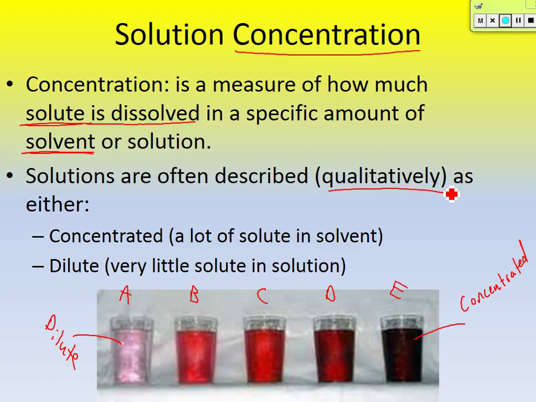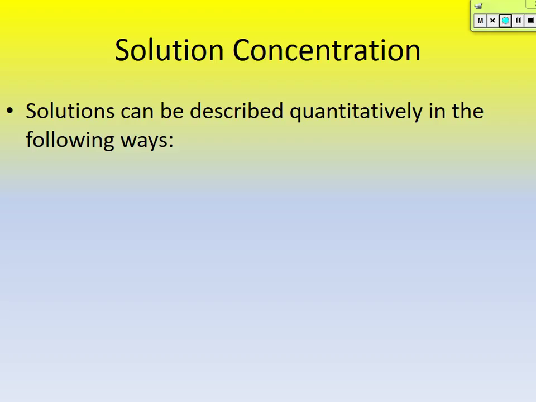quantitative measurements. Okay, so solutions can be described quantitatively. A quantity just means a number. In the following ways. Number one is the most important. Okay, so you're supposed to list them here. The first way that we describe concentration of solutions is called molarity.